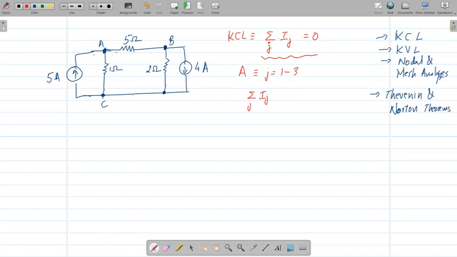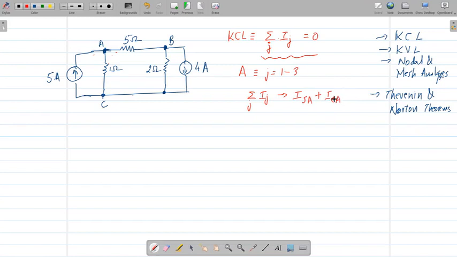Ij is equivalent to saying that it is the current flowing in from the 5 ampere source, so I 5 ampere, plus I CA. Normally we don't write in terms of nodes because we talk about voltages between nodes.